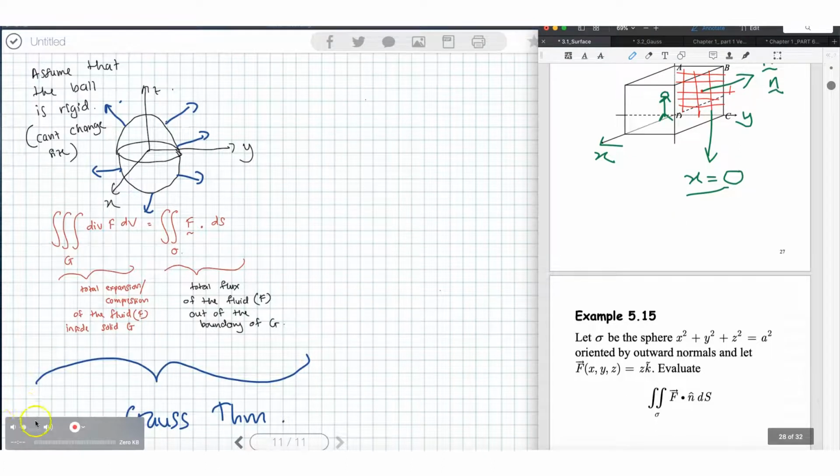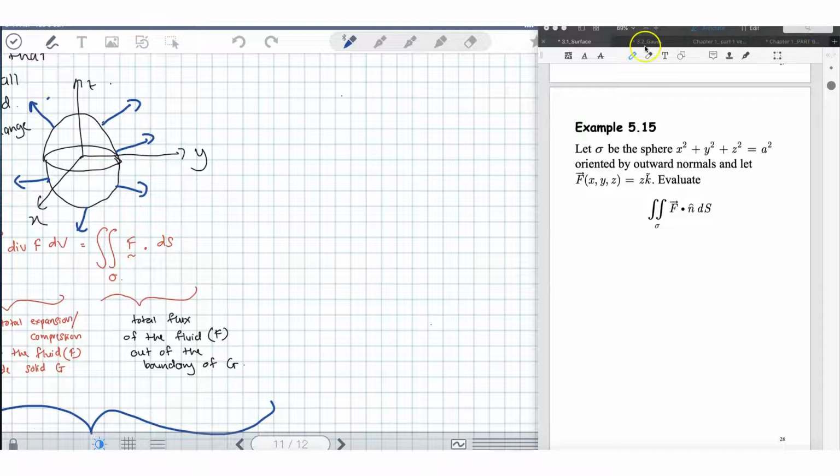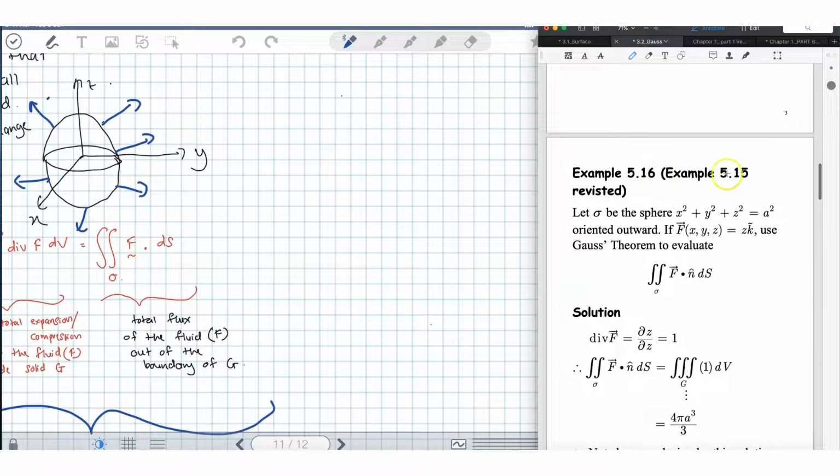When we look at this example, the same as 5.15, we have the sphere with radius A. We want to compute the surface integral of F dot N, where the surface is the closed surface that becomes the boundary of the sphere.